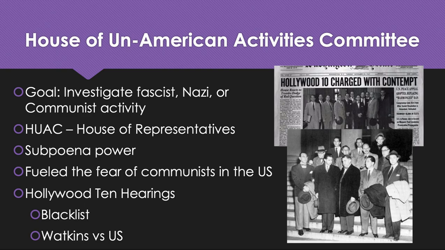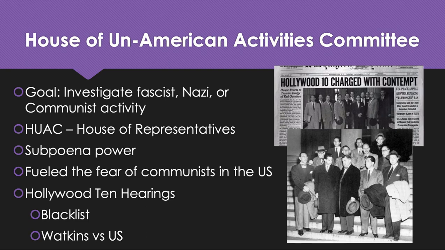And originally, when they get called before HUAC, they were not in any trouble. They were not guilty of a crime. But if they took the 5th, it created an impression that they were guilty, so therefore they would be arrested and sent to prison.